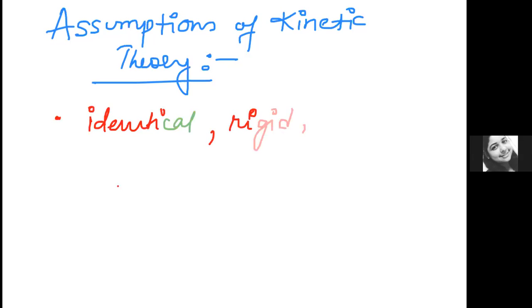They are rigid, they are identical, and they are small in size. The next point is that these molecules are in random motion, and the velocities of these molecules are in all directions, and that ranges from 0 to infinite.